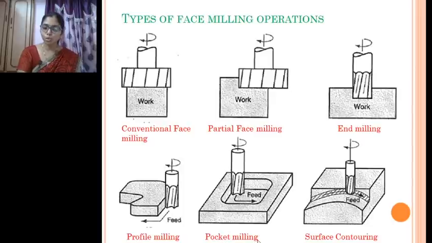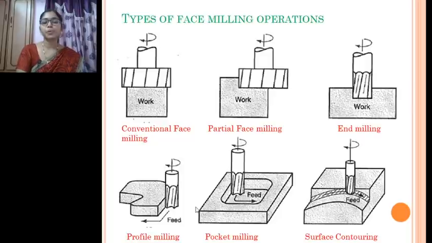Pocket milling is also a kind of end milling operation, where you can see it is used for producing pockets on the surface. This is a pocket milling operation. And then again we have the surface contouring operation. In all the cases here, we have a square edge tool.